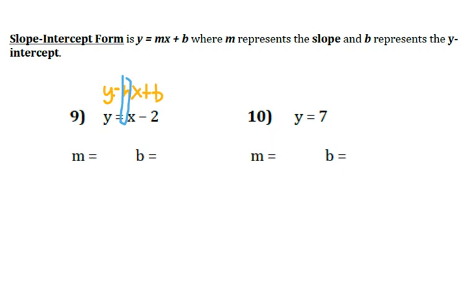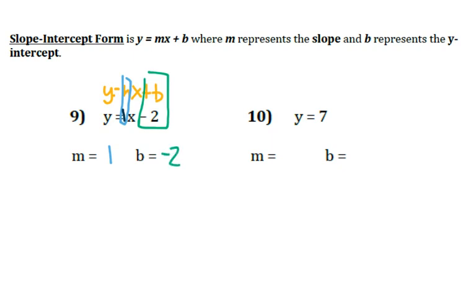The slope is the coefficient of x. How many x's do we have here? Well, it's 1. We have 1x if we were to write the coefficient. And so our slope is 1. Okay, so to find our y-intercept, we're just going to look at what's below the b. That's a -2. Remember, including the sign. So there's our y-intercept, -2.